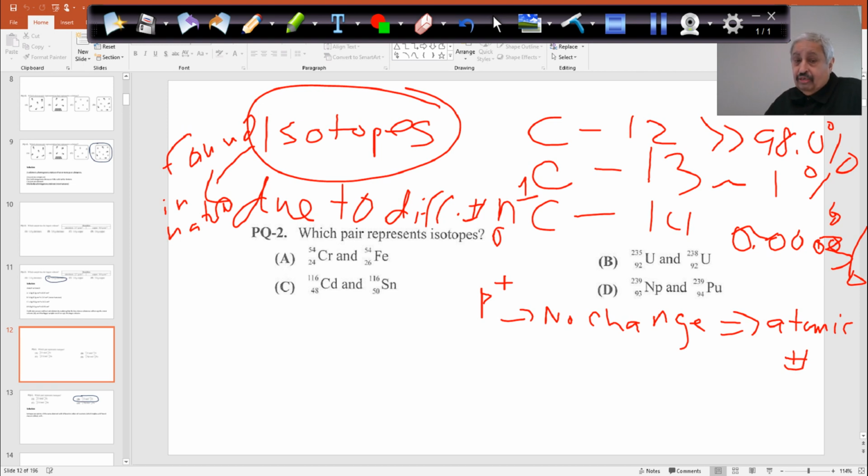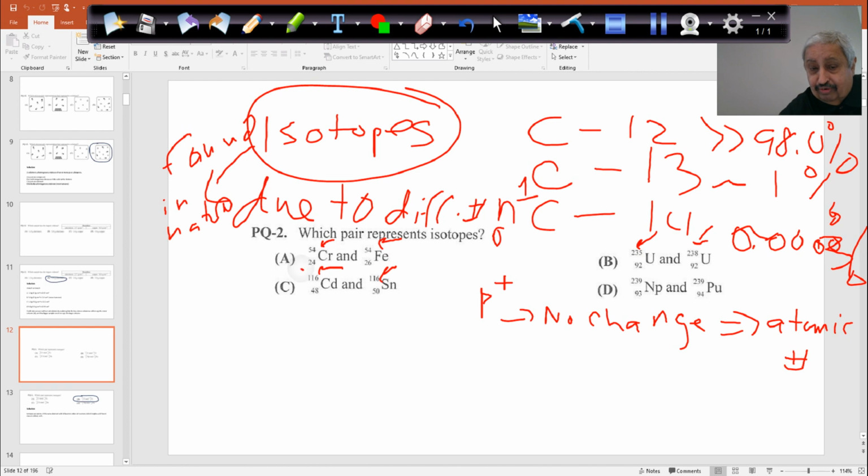So look at the combination that has the same atomic number. That's a must. Don't worry about the atomic mass on top, because it can differ because of the number of neutrons. I will look for the ones with equal amounts.